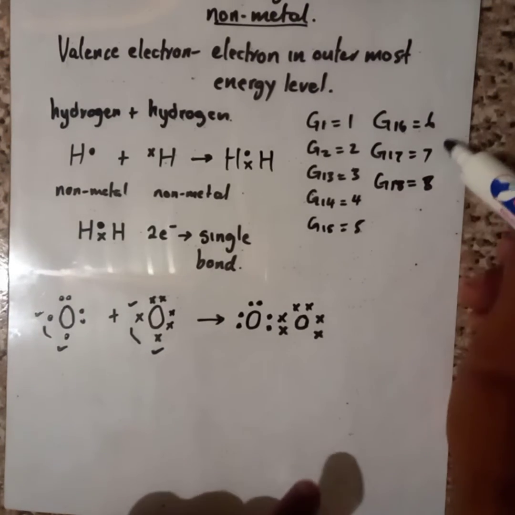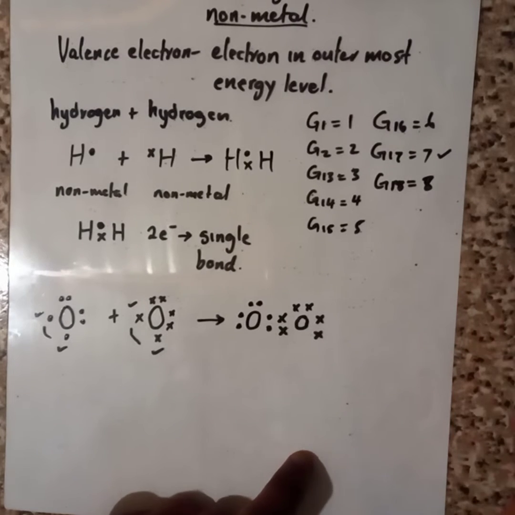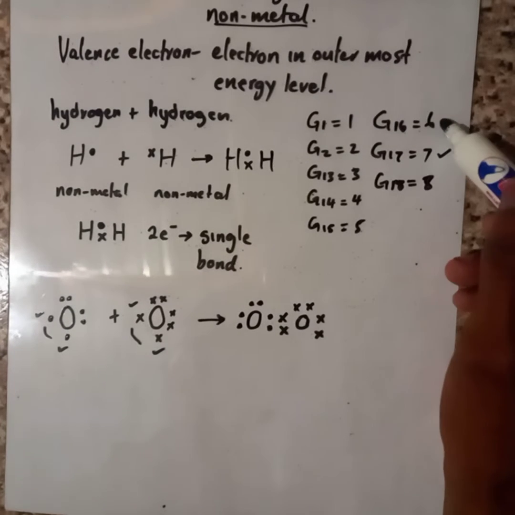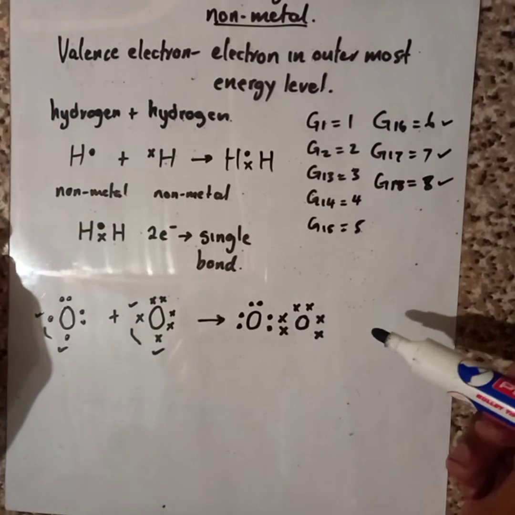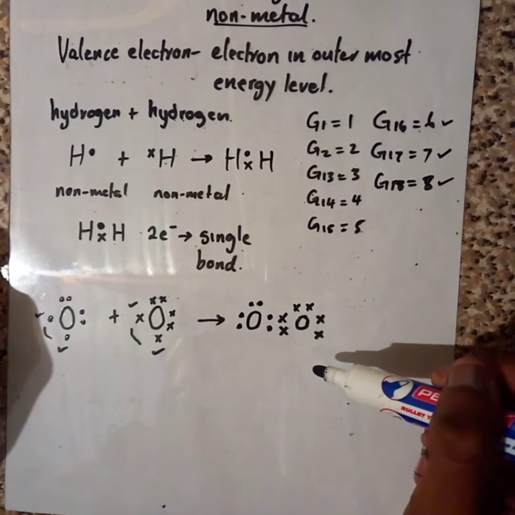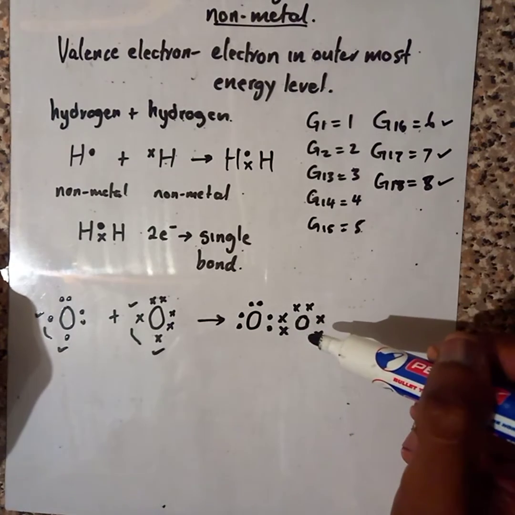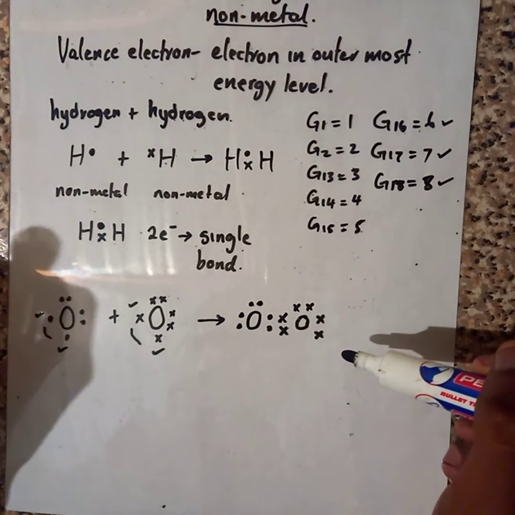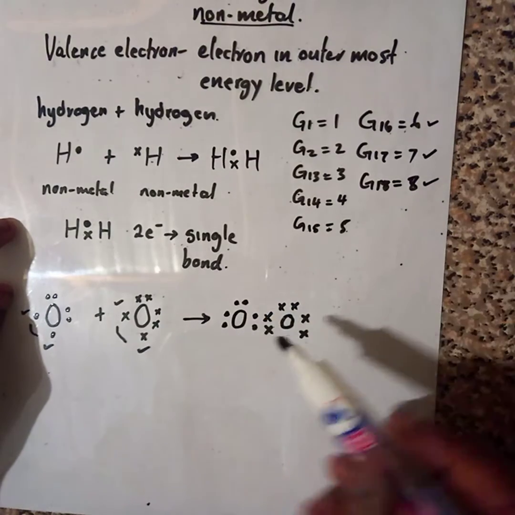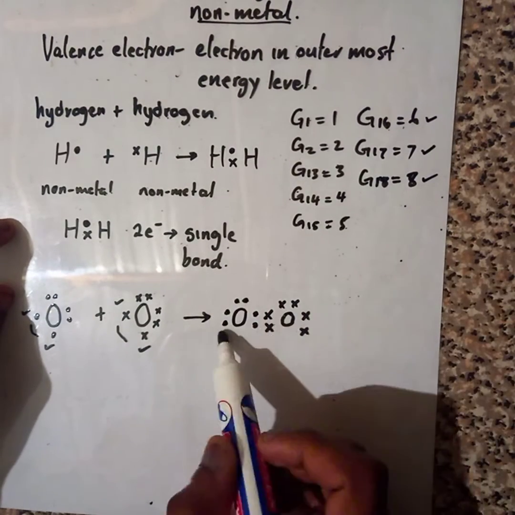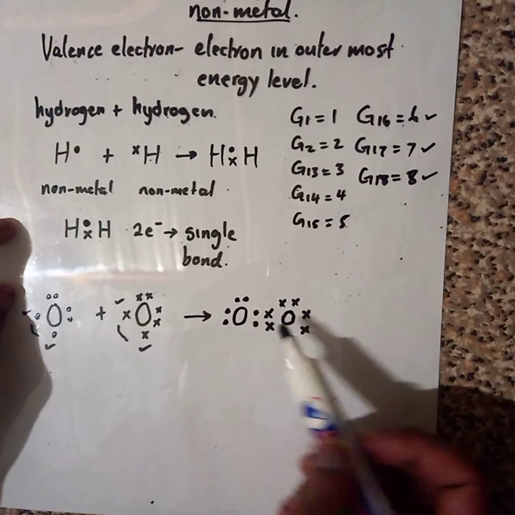All the group 16 elements should satisfy the octet rule, while group 18 is already stable. In the outermost energy level at the end of the day, I should have how many electrons? 8 for each. Like this oxygen, it will have 8, including the 2 from the other one.